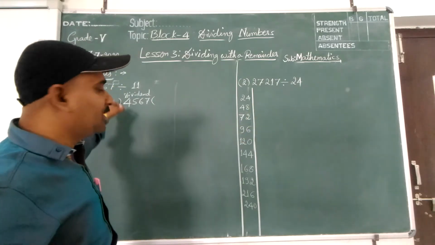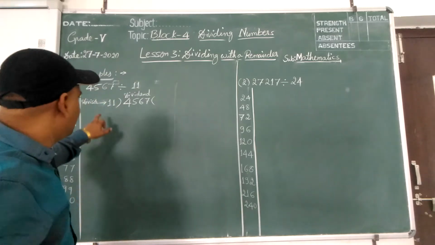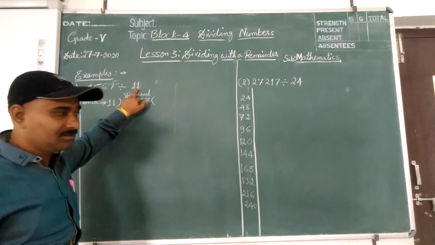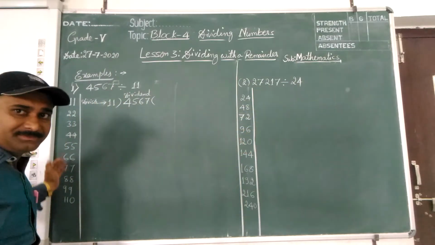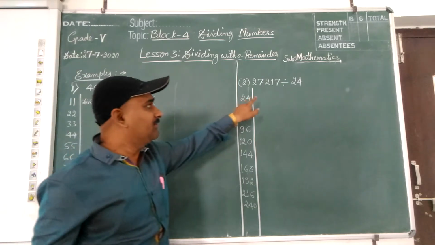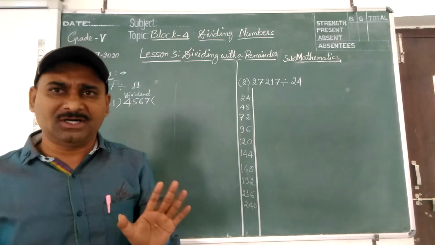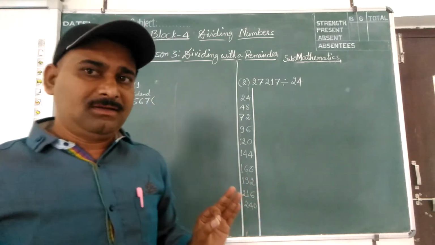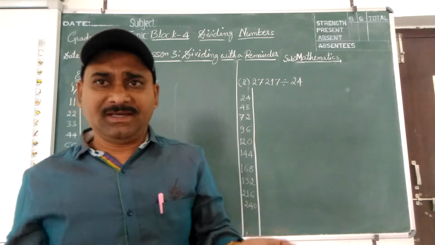As I said, when you want to divide by a number like divided by 11, here divided by 24, first prepare a table. Divide by 11 means 11's table is prepared. Divide by 24 means 24 table is prepared. This is the best way to do, because in your lesson big numbers are given.